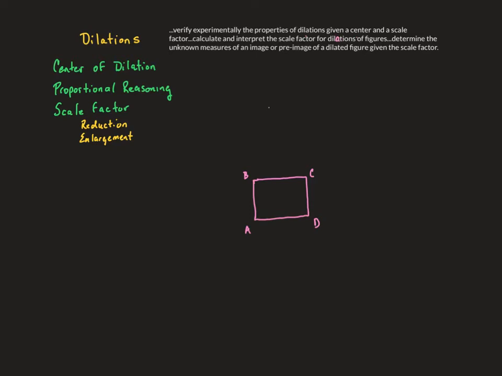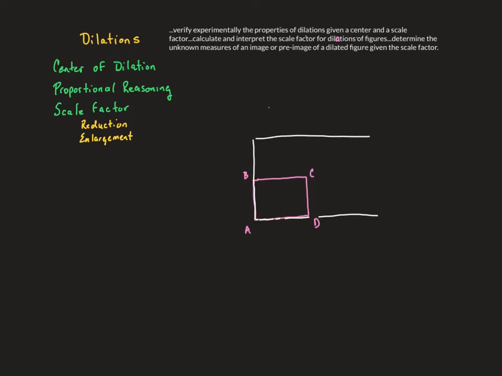So we need to understand that we're going to have some elements here. We're going to have an image and a pre-image, so just assuming ABC here is my pre-image, and then we're going to have a dilation, which is going to be either an enlargement or reduction from a center of dilation.